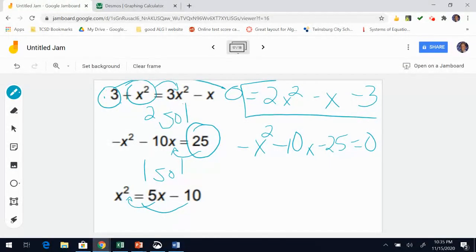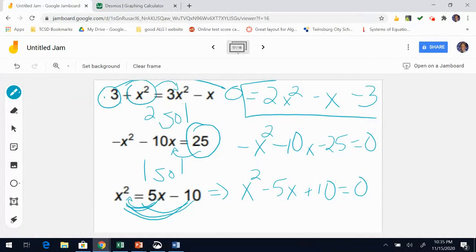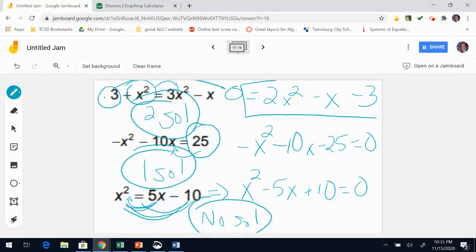Again, all I did was I moved everything from the right over to the left. X squared does not change. 5x turns into negative 5x, and negative 10 turned into positive 10 because I moved these two terms to the left side. They don't combine with anything over there. All right? So I can graph it, and I see that there are no solutions. So that was purposely done. I have my 2 solution, my 1 solution, and my no solution set.